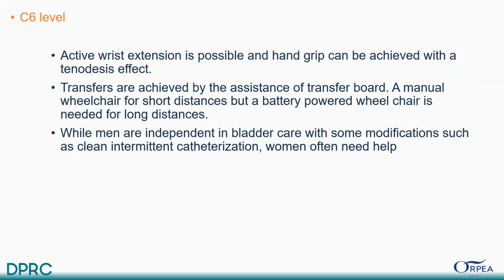C6 level. Active wrist extension is possible and hand grip can be achieved with a tenodesis effect. That is the tenodesis grasp. This tenodesis grasp is achieved by extension of the wrist, utilizing the passive insufficiency of the long flexors of the forearm, and released by flexion of the wrist.